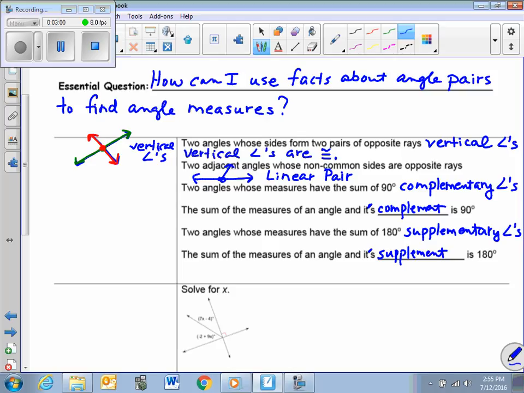One thing I think you should do is take this space over here and draw yourself some pictures of complementary and supplementary angles. And I want you to think about this for a second.